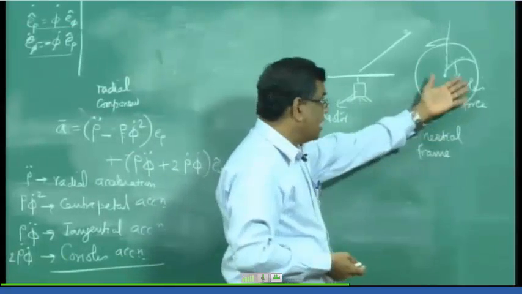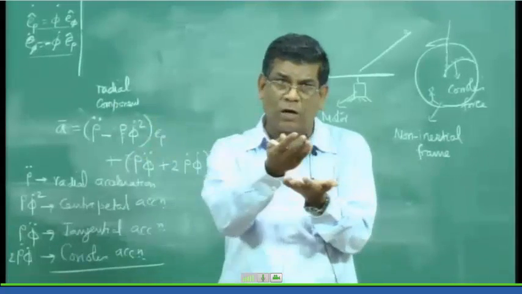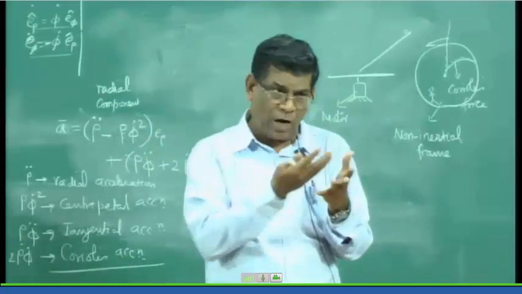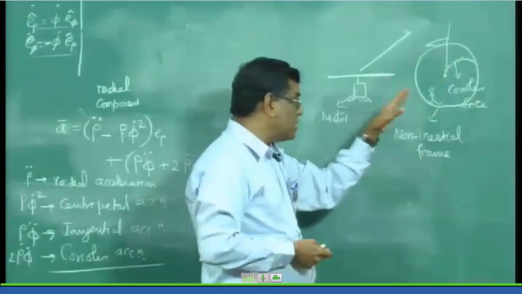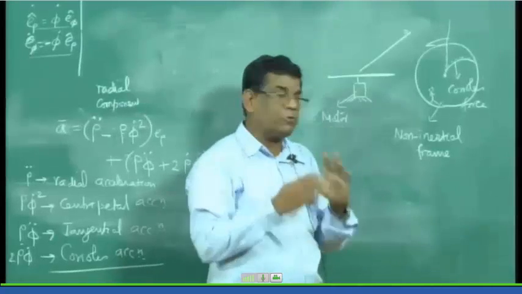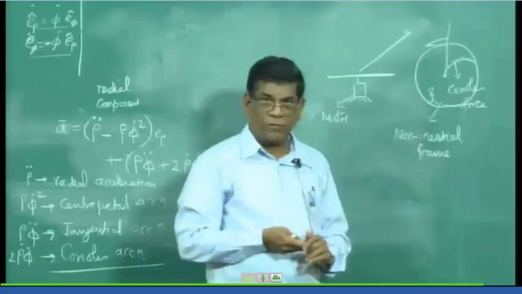Just because he is in a rotating frame, he should be under constant acceleration. Just now I talked about centripetal acceleration. Without that you cannot rotate, and therefore this is an accelerated frame, and the person inside the accelerated frame will observe an additional fictitious force which he calls the Coriolis force.